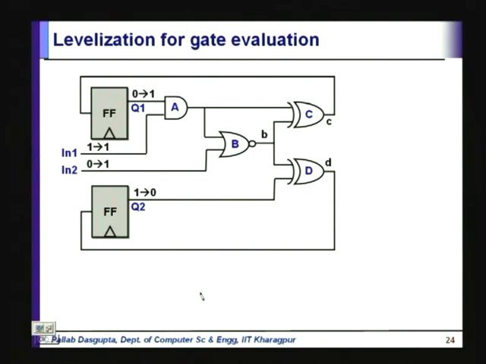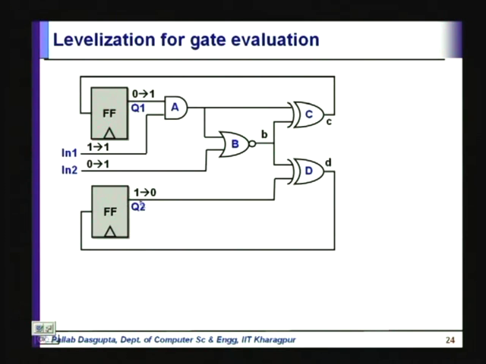Now, the first thing that we need to do in order to do a cycle based simulation is a thing called levelization. So, we know that we want to evaluate every gate only once. Right. Now, look at this case. In a particular cycle, these are the things that have happened: the output of this flip flop has changed from 0 to 1.